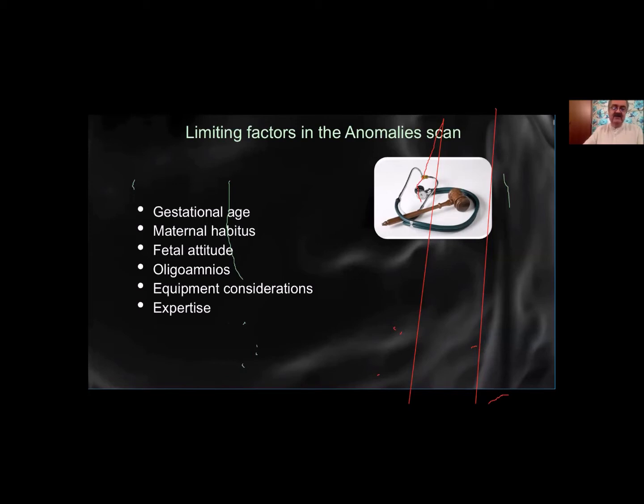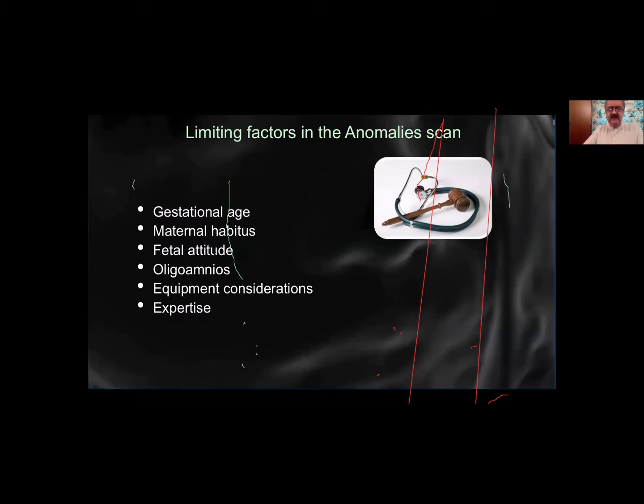And one of them is gestation age, which we've discussed. We can't wait too long for this, because after 26 weeks, there are bones which stop visualization of the fetus, particularly the thorax and abdomen. Or the fetal attitude might be curled up, and you may not be able to do such a good scan later in pregnancy. And therefore, an ideal window is 18 to 22 weeks.